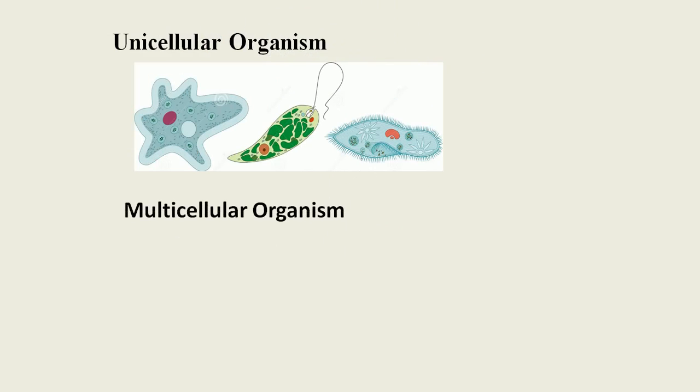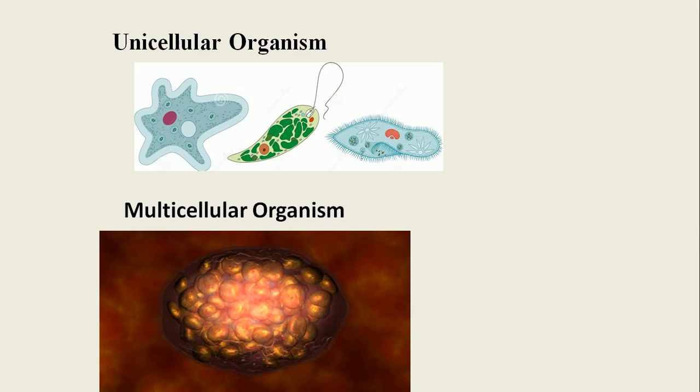Then the other group is the multicellular organisms. Those organisms need a number of cells to form their own body. This is known as a multicellular organism. So after prokaryotic and eukaryotic, the second parameter they followed was unicellular and multicellular organisms. Here we see the pictures of multicellular organisms.